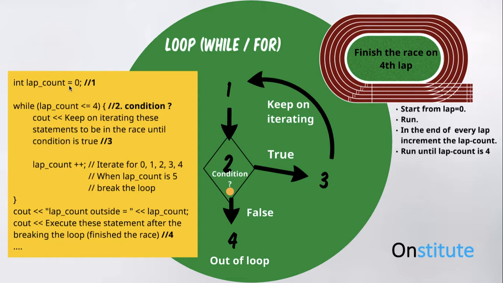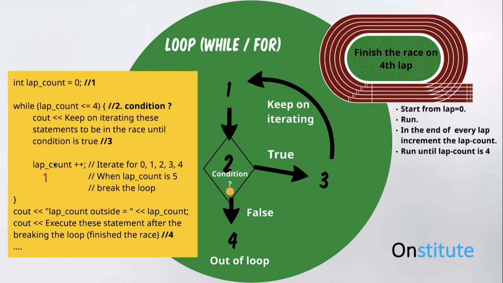So the first value of lap count is 0. It will first check whether 0 is less than equals 4. Well, of course it is. So it will execute all the code segment denoted by 3 followed by lap count plus plus, so it will be incremented from 0 to 1.